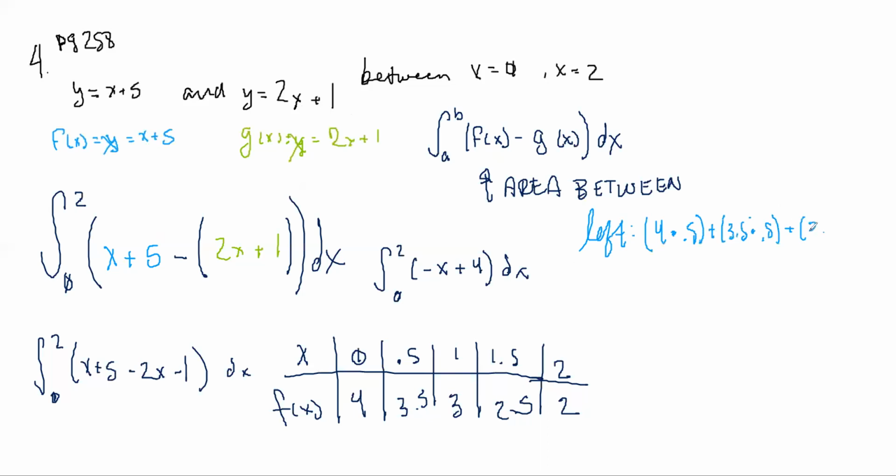I don't know if you want me to go through all of that right now. No, you don't have to go through all of that. I get the idea. We're just going to use the Riemann sums and take the average of that, and that's going to be the area between the curves. Does that make sense? Yes.